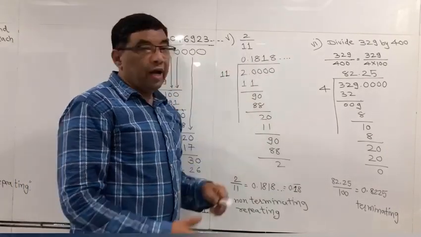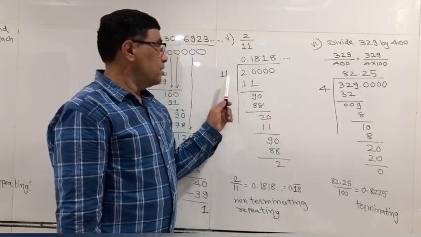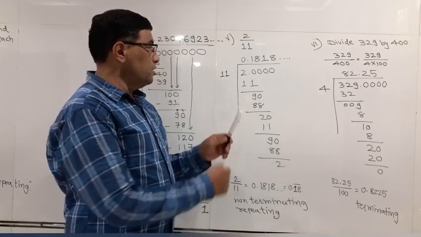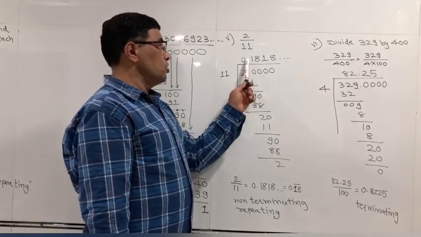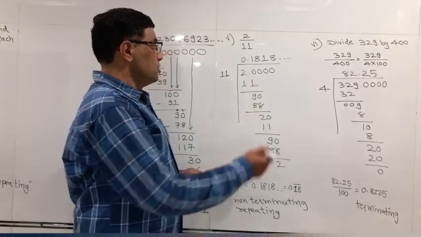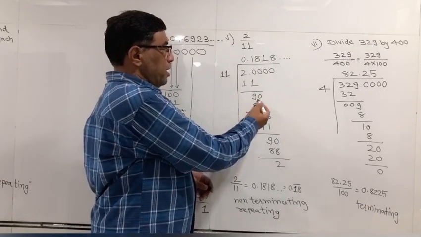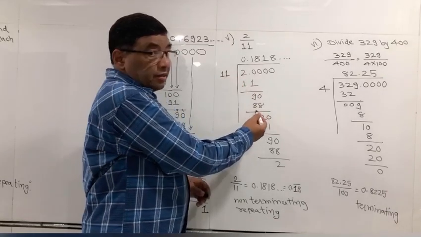Now we see the next question, which is the fifth one. 2 divided by 11. So 2.000 we write, 11 we write here as a divisor. Then we start the division. 2 here, so 0 and point, 20 now. Now 11 ones are 11, 9 remainder, 0 down. Then 11 eights are 88.